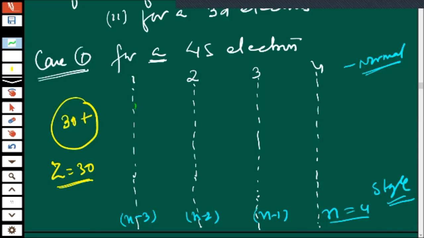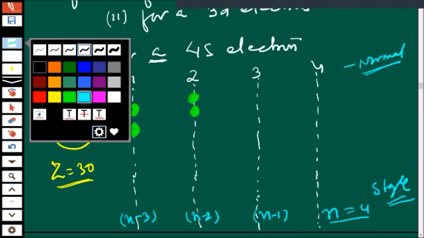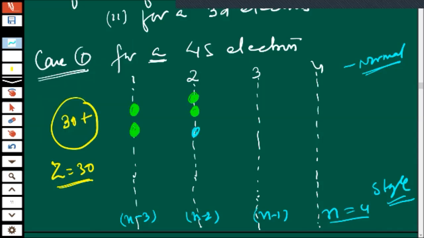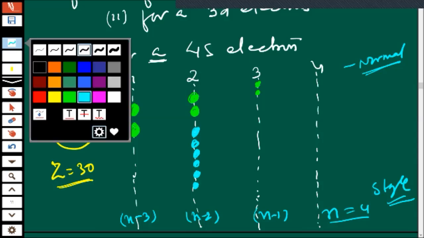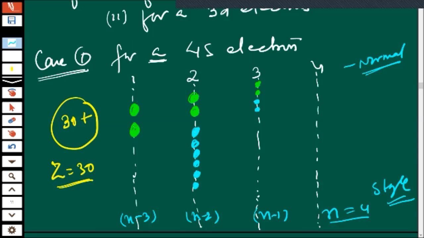In first orbit, only 2 electrons are there, children. 2 electrons. In second orbit, 2 electrons are in S and 6 electrons are in P. 1, 2, 3, 4, 5, 6. What about third orbit? In third orbit, 2 electrons are in S, 6 electrons are in P. 1, 2, 3, 4, 5, 6.